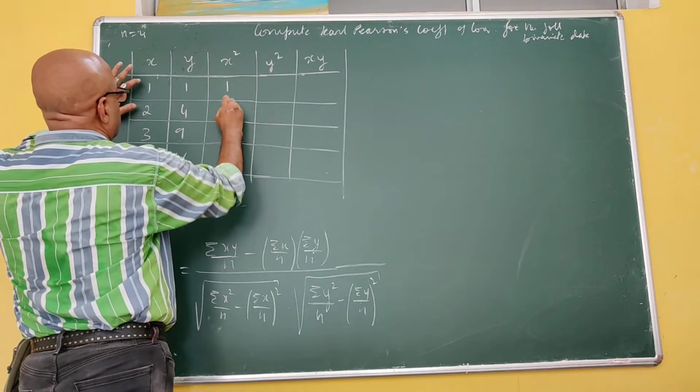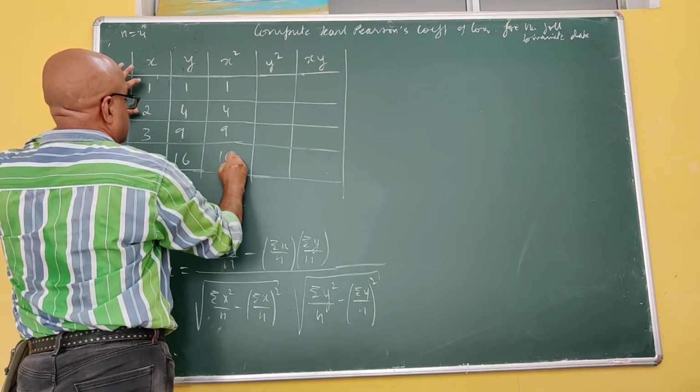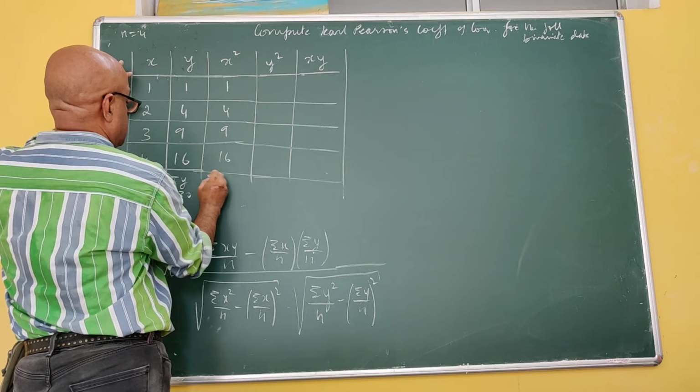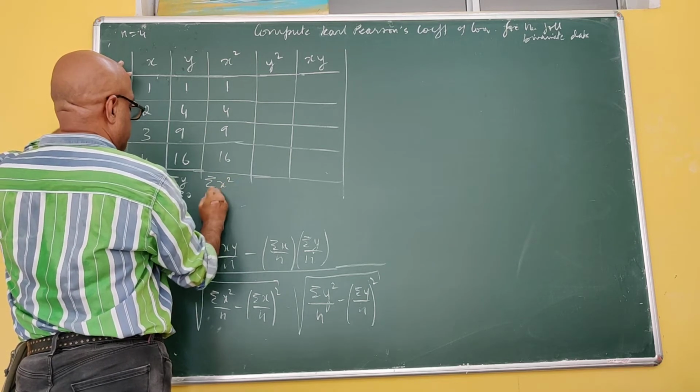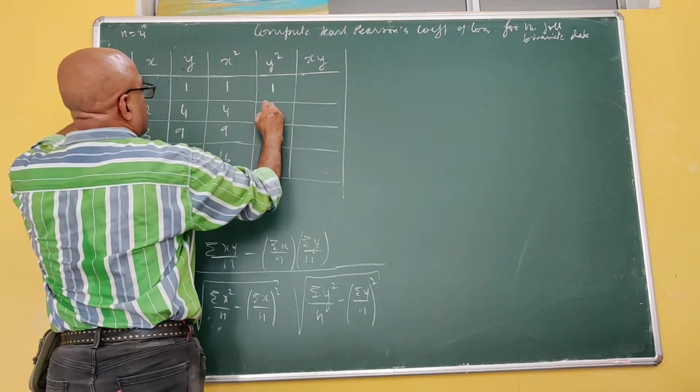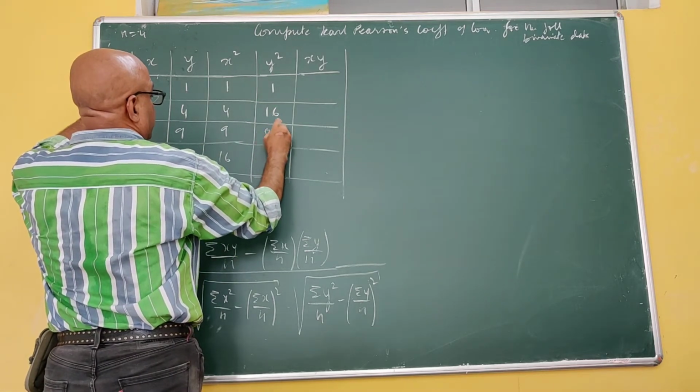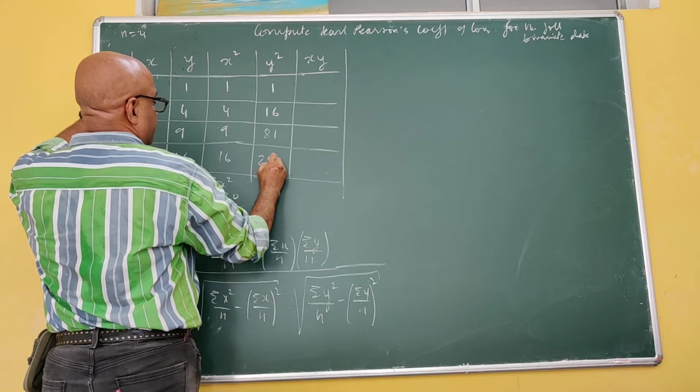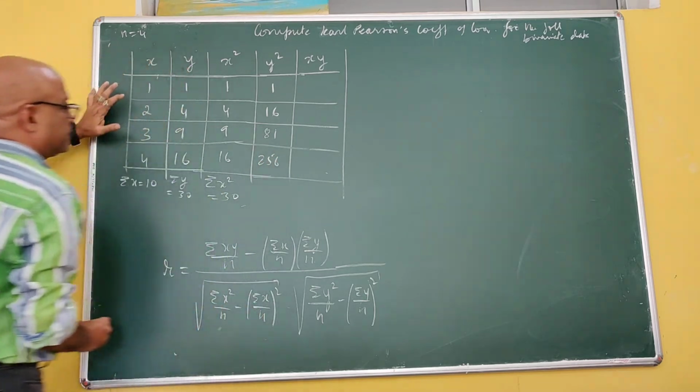x square is going to be 1, 4, 9, 16. So summation x square is going to be 30. Summation y square is going to be 1, 16, 81, 256. I don't know how much that is going to be.